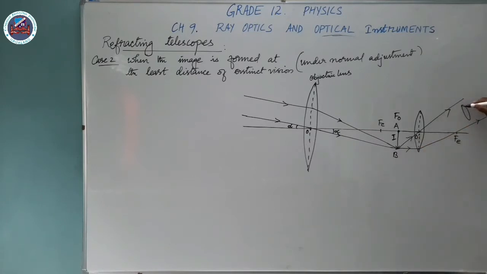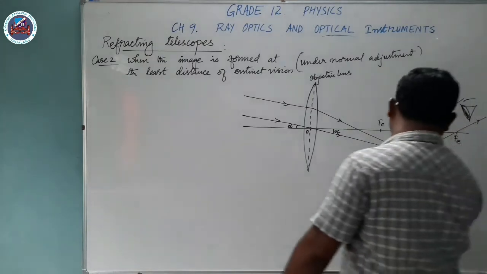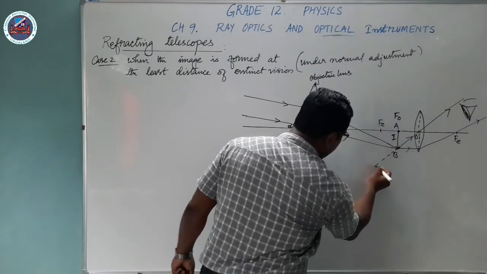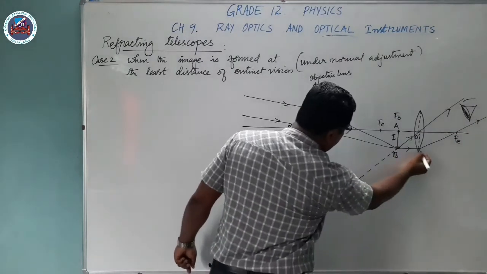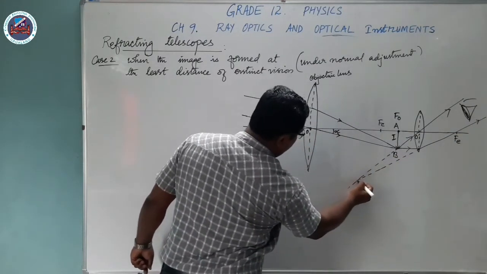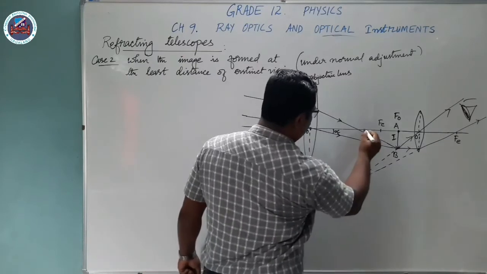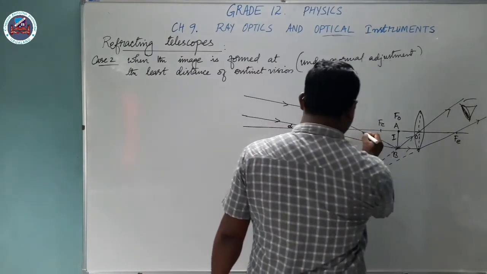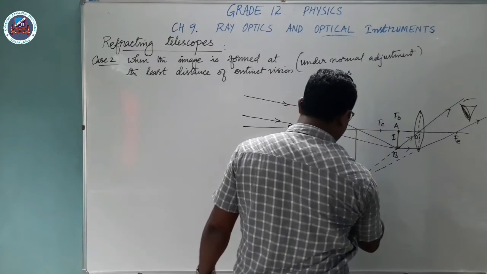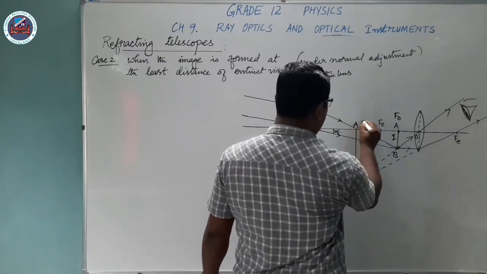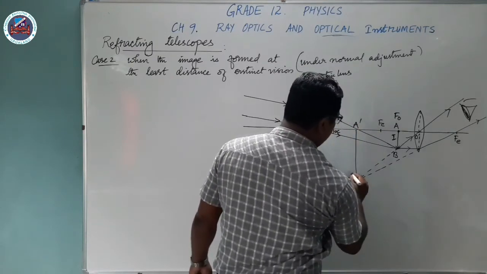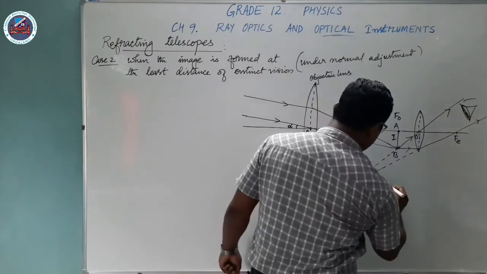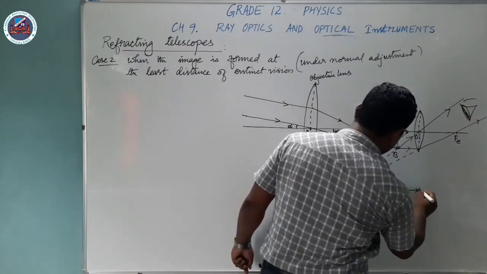These two rays are diverging, they will never meet each other. So you need to produce both the lines, and then they will meet at a point. There the final image will be formed. So this is your final image, B dash. And this will be formed at the distance of distinct vision, D.